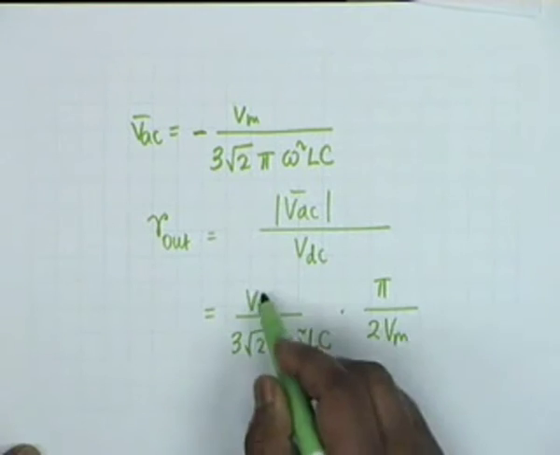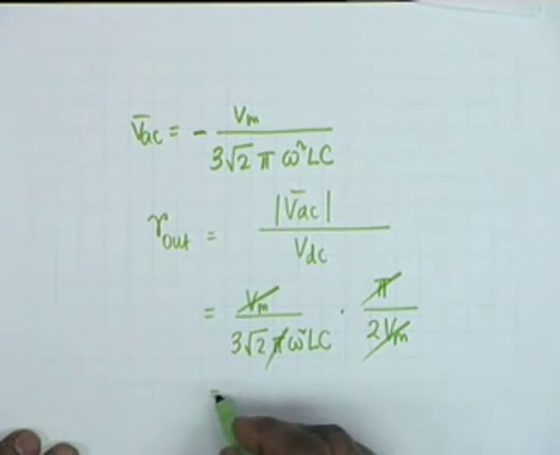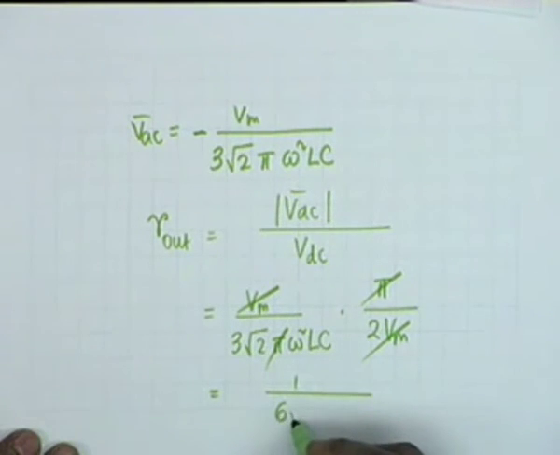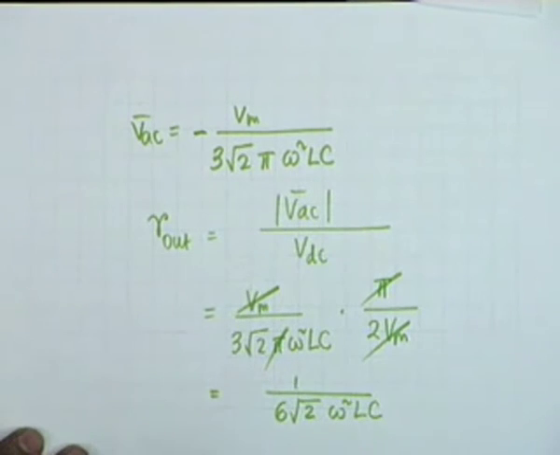Now you cancel out things, Vm, pi and pi, and therefore this becomes 1 over 6 root 2 omega squared LC. This is the ripple factor at the output.